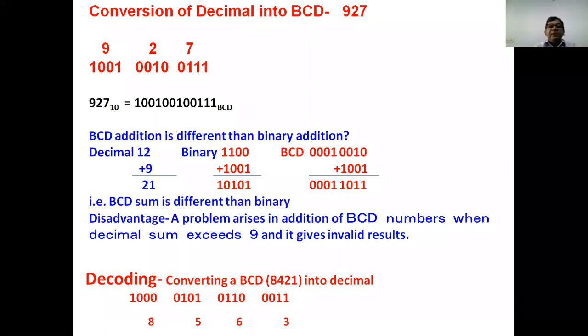This is very simple. 9 will be converted into binary, then 2 will be converted into binary, and then 7 will be converted into binary. And we can write that this 927 of decimal is 1001 0010 0111. So this is again very simple steps.